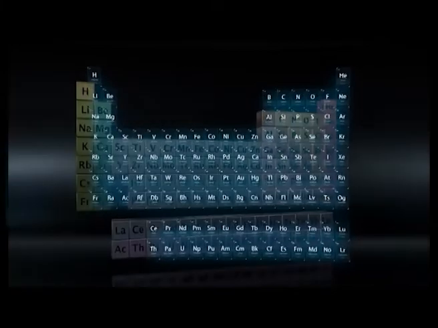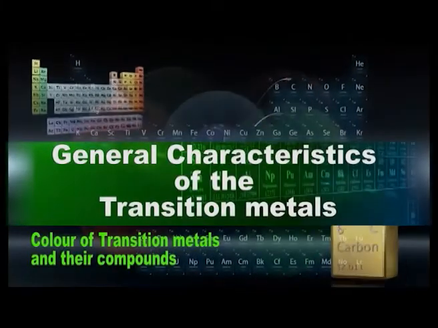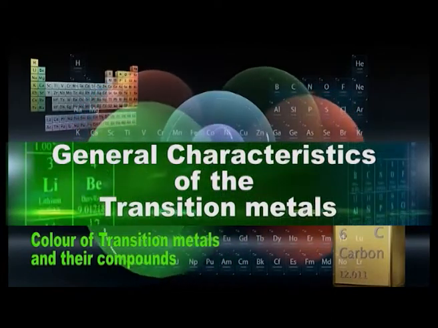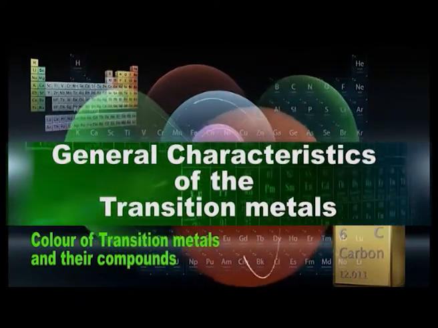Now, let's move towards the color of transition metals and their compounds. Unlike compounds of alkali and alkaline earth metals, most of the compounds of transition metals are colored. Let's first discuss the science behind the color of a compound.